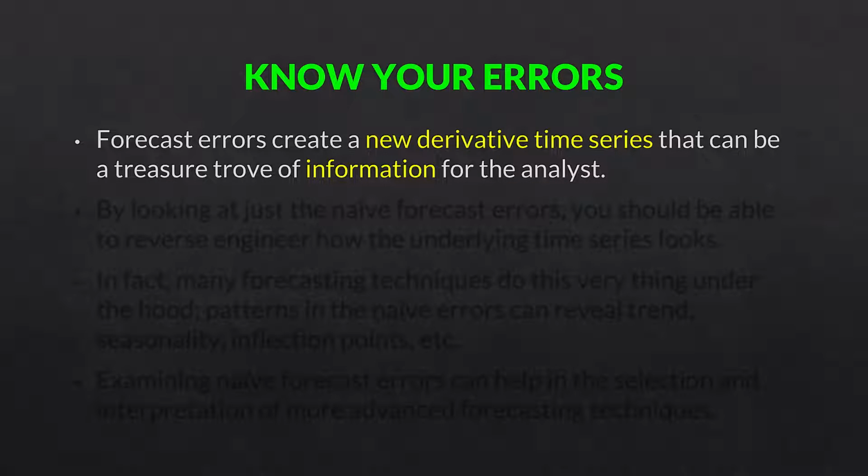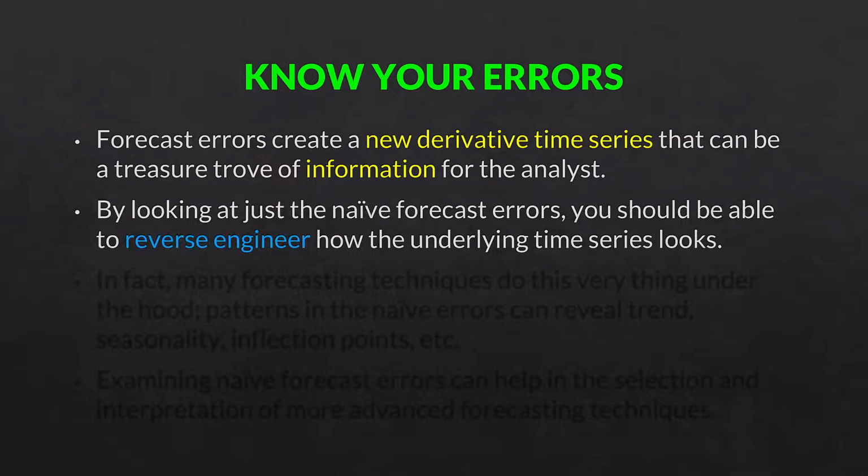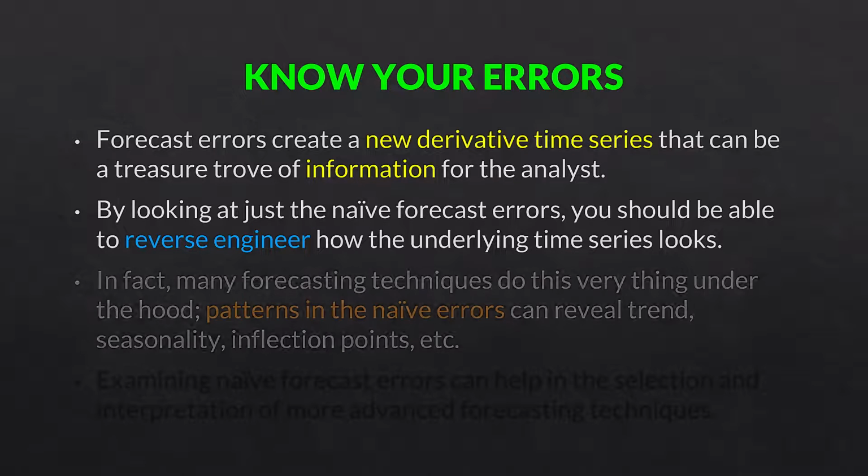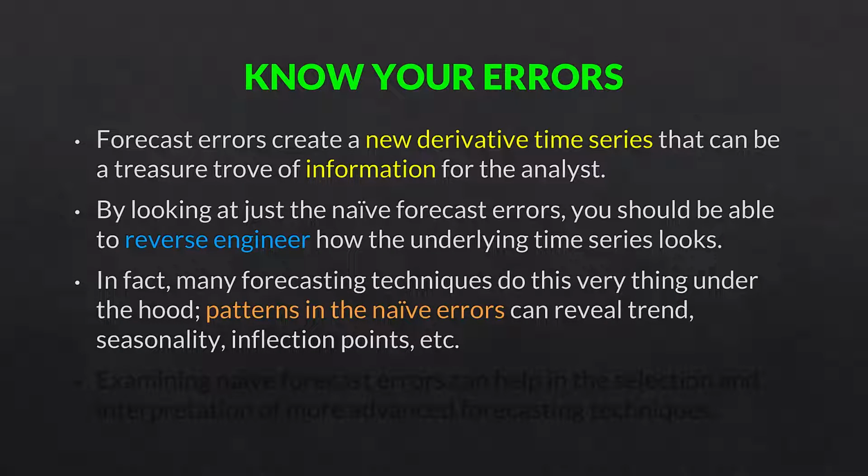Forecast errors create a new derivative time series that can be a treasure trove of information for the analyst. By looking at just the naive forecast errors, you should be able to reverse engineer how the underlying time series looks, again, just using the forecast errors. In fact, many forecasting techniques do this very thing under the hood.